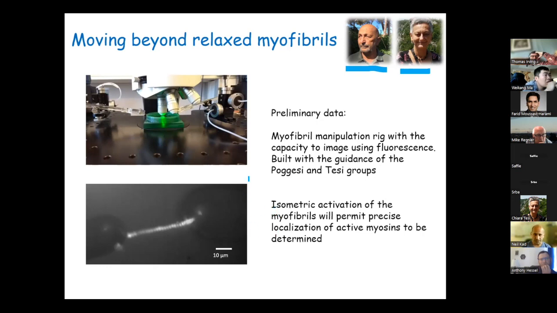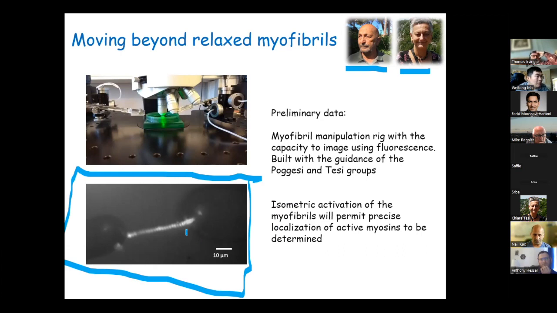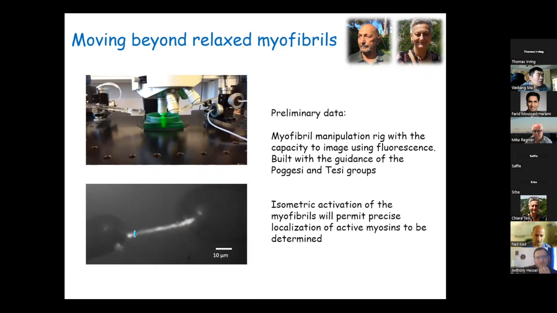And you can see in this lower image that we're now able to see individual Z lines fluorescently tagged using that same alpha-actin antibody, suspended between these two microneedles. And you can see here along that line that I've now just shaded in unhelpfully, the Z lines. This is the first step.